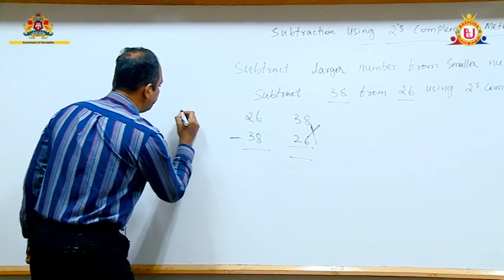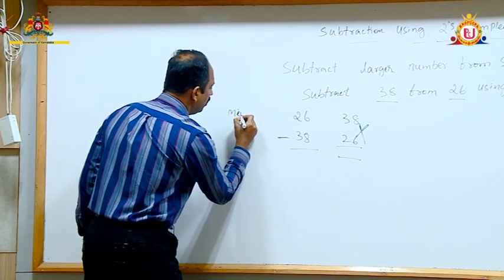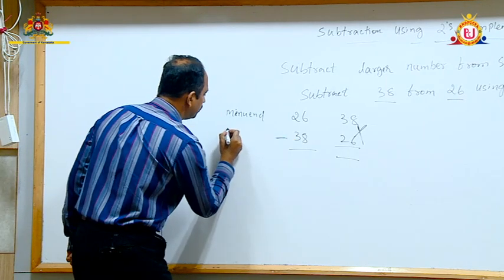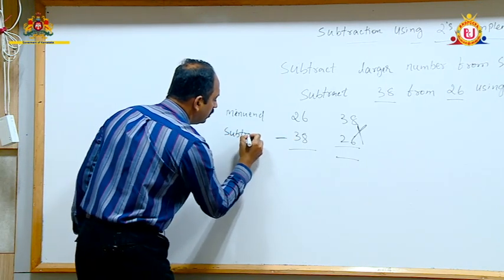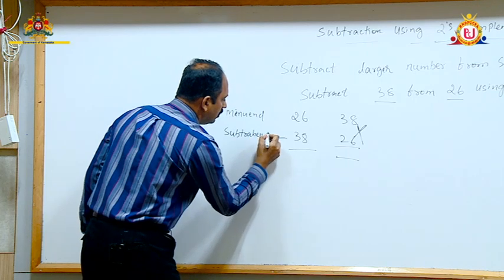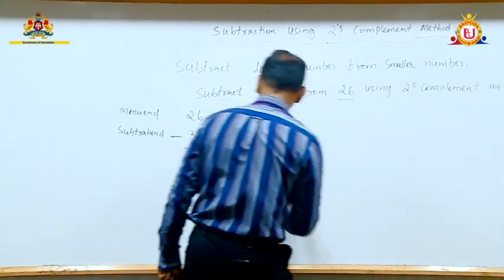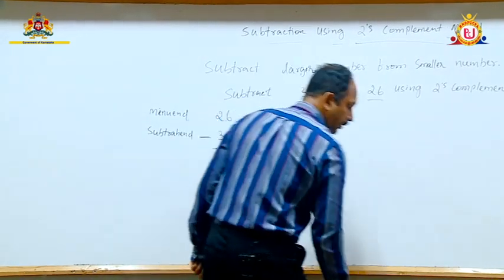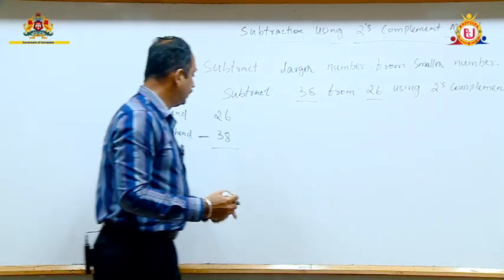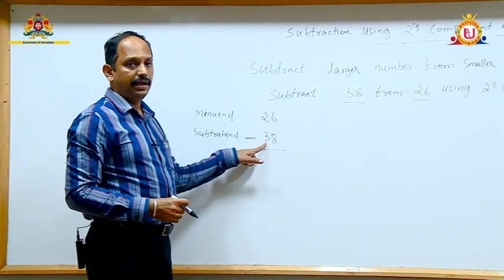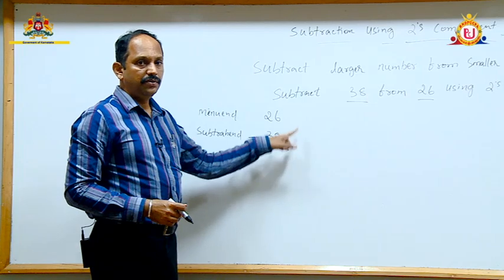The above value position is called minuend, the below value position is called subtrahend. So, let us calculate the binary equivalent of 26 and 38 and write in the respective places.